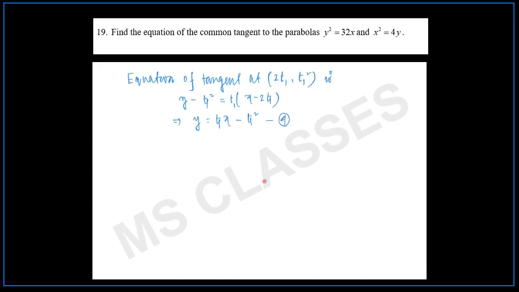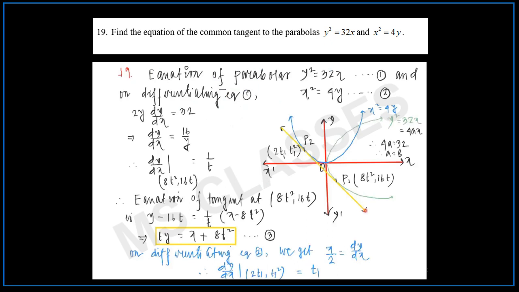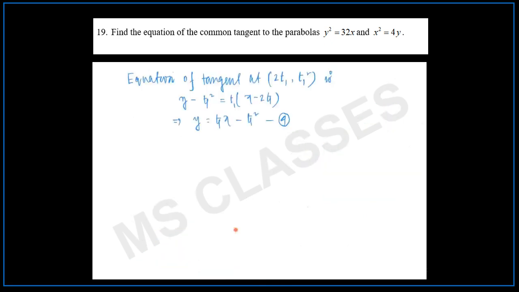Now equation 3 and equation 4 represent the same tangent, so you can compare these two equations.